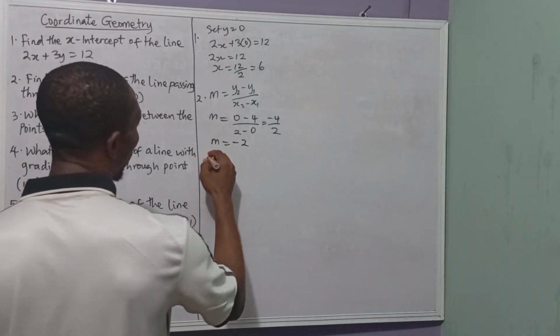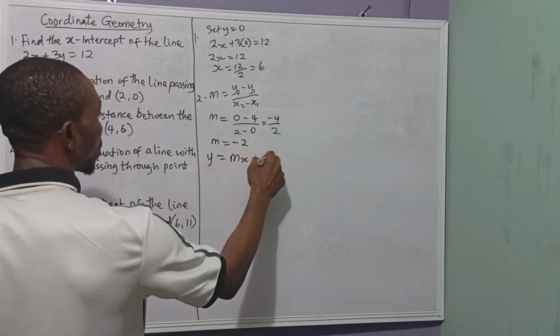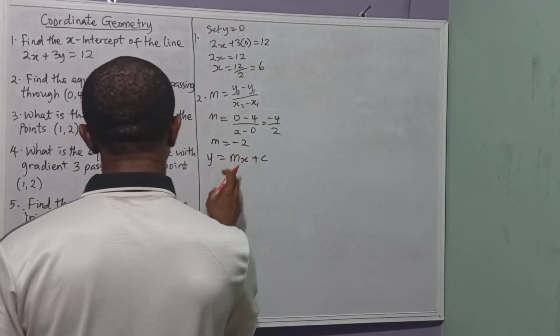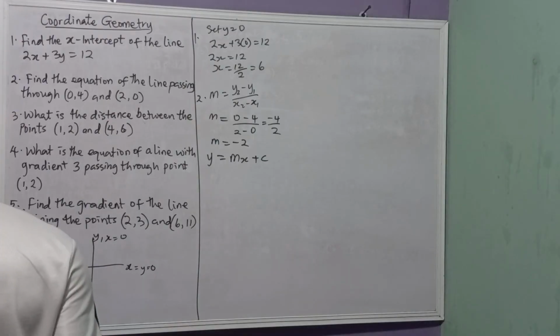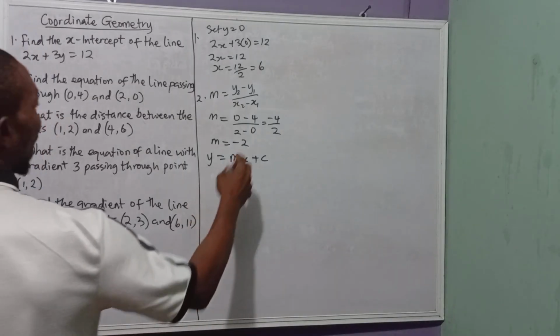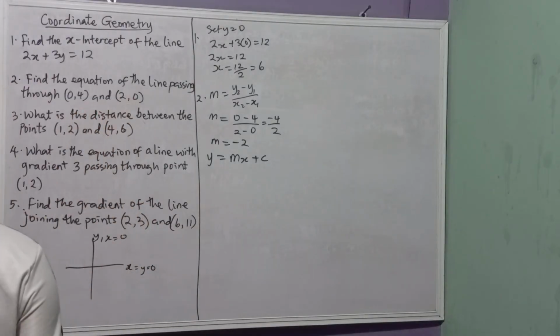Now remember, our equation of a line is y equals mx plus c. Since we found our m to be minus 2, when x is 0, from our equation, y is what?